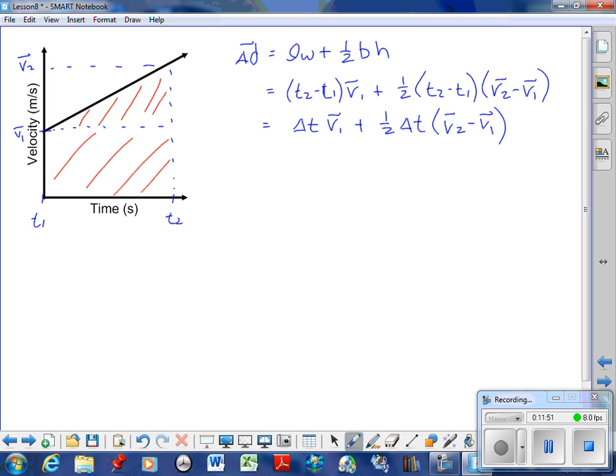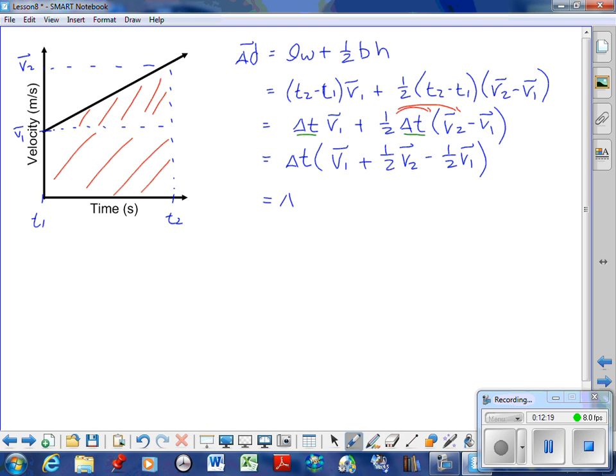If you recall, in the last equation we replaced the V2 minus V1. I'm not going to do it this time. In this case, delta T is common. I know there are people starting to cringe again. I'm going to pull out a common factor of delta T, which leaves me with V1 plus, and now I'm going to distribute that 1/2 in. Bear with me on this: 1/2 V2 minus 1/2 V1.